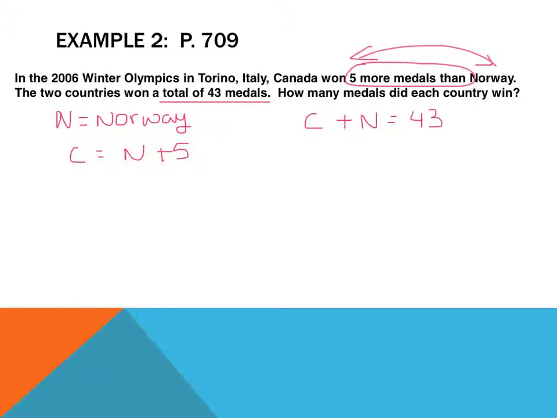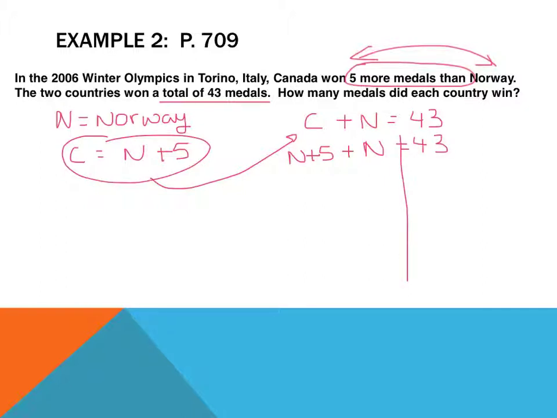But I can't have two variables because then I can't solve for anything. So if I take what I have here, Canada is Norway plus 5, then it's going to be Norway plus 5 plus Norway equals 43. So then solving, I can combine like terms. So n plus n is 2n plus 5 equals 43.